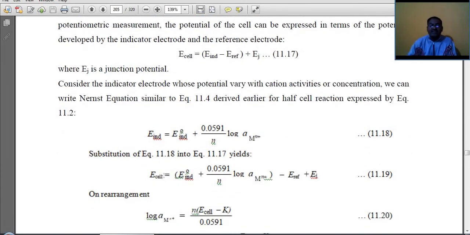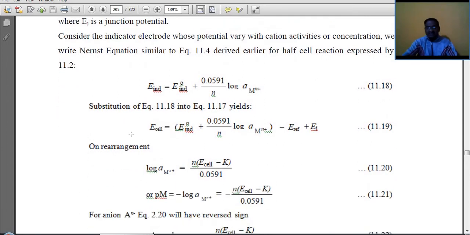Consider the indicator electrode whose potential varies with cation activities or concentration. We can write the Nernst equation. Generally we write this for the indicator electrode. This is a cell electrode.